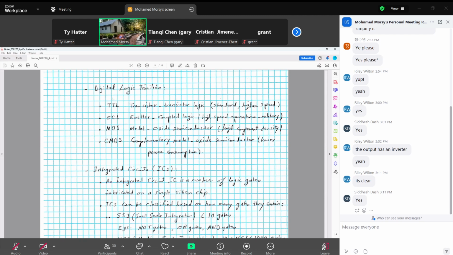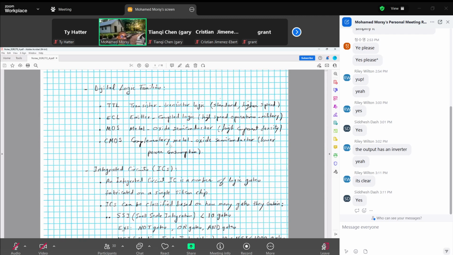So TTL is faster, CMOS is slower, but TTL has high power consumption, while CMOS has low power consumption. High speed is important, and power consumption is also important. If you are not worried about power consumption and you need faster operation, you use TTL.